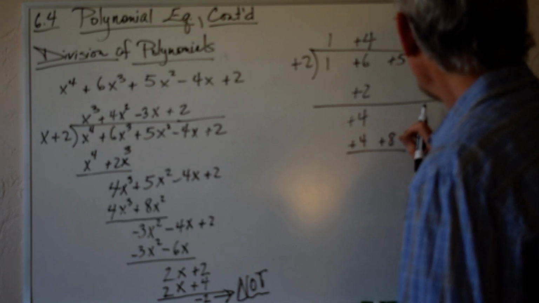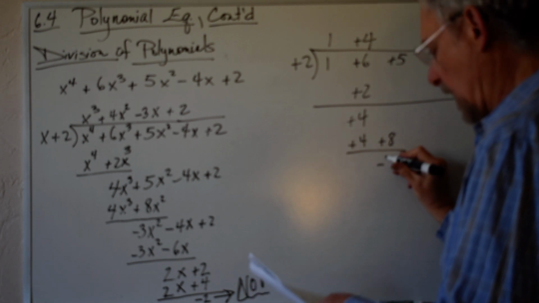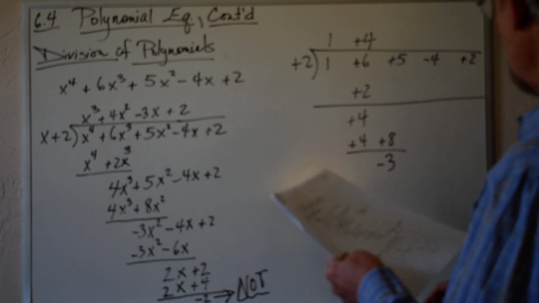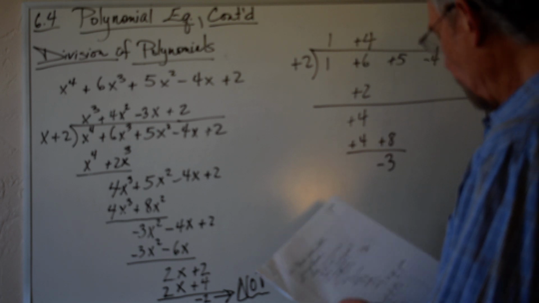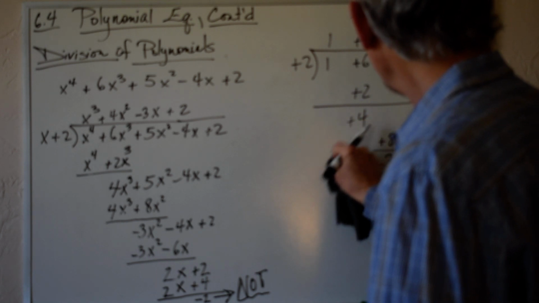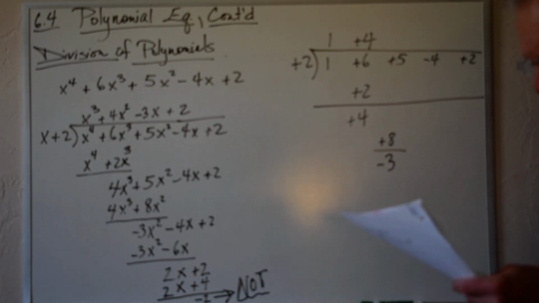This disappears. 8 subtracted from 5 gives me negative 3. And of course, we're always going to arrange it so that we get the same thing down here to subtract, so there's no need to write that either. Only that.